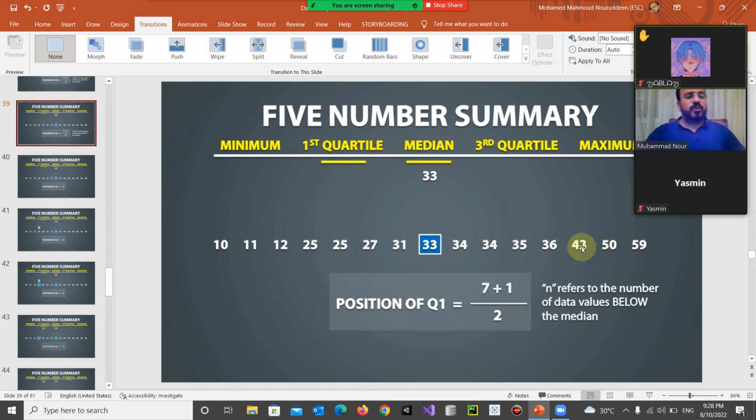So we will get the two numbers in the middle, 33 and 34, and sum them. Then we divide the summation by 2 and we get the median. And the same thing for the first quartile and third quartile.